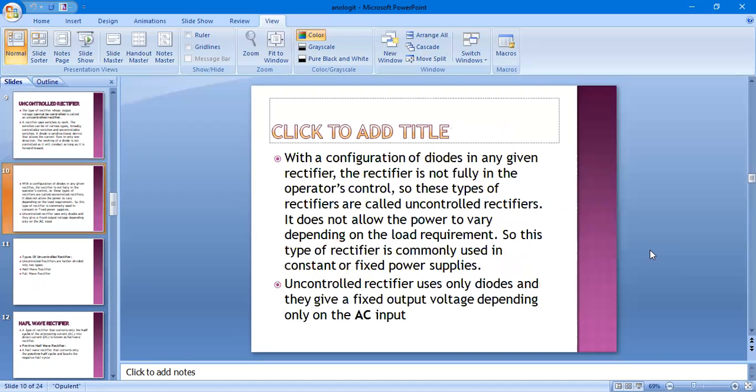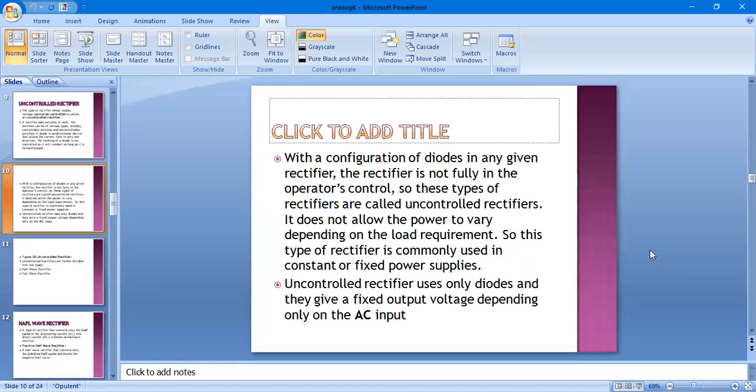With a configuration of diodes in any given rectifier, the rectifier is not fully in operational control. So this type of rectifier is called an uncontrolled rectifier. It does not allow the power to vary depending on the load requirement.